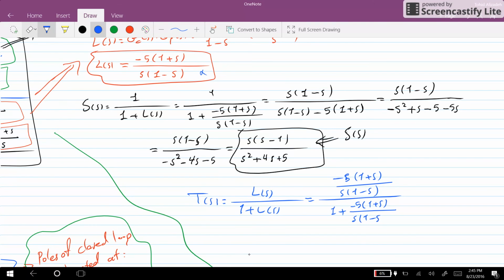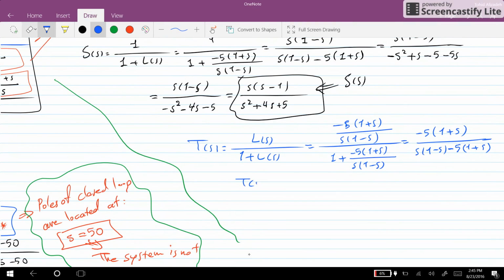S times 1 minus S will result in minus 5 times 1 plus S at the numerator, and S times 1 minus S minus 5 times 1 plus S. And if we simplify it further, we will get 5 times 1 plus S over S squared plus 4S plus 5.